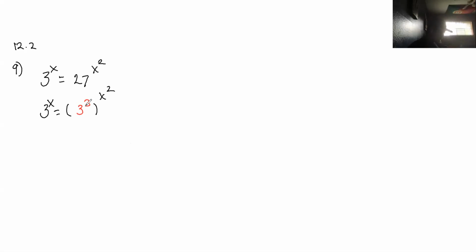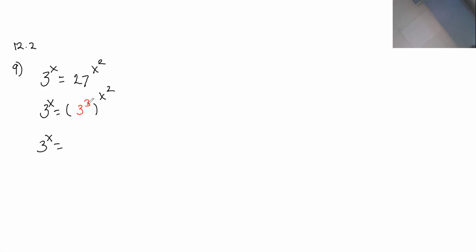Okay, everybody agree that 3 cubed is 27, everything else is staying the same? And we talked about this earlier, a power to a power, you multiply. So that gives me 3 raised to the 3 times x squared, which is 3x squared. So not 3 raised to the x squared, it's 3 times x squared.